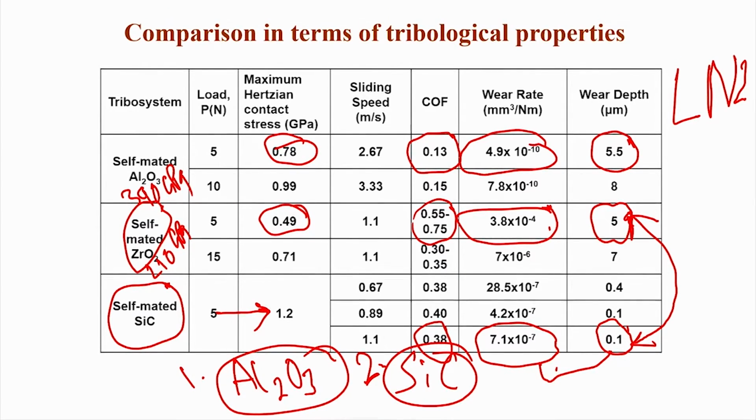Since we are doing these experiments for a relatively short time, 10 minutes or so, we are not giving the system enough time to come back to the equilibrium phase, that is monoclinic zirconia, and therefore orthorhombic zirconia forms.